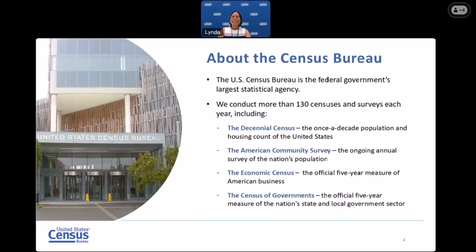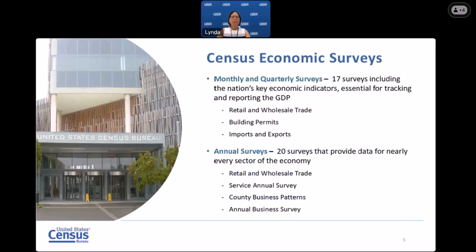And like the economic census, it is measured every 5 years in the years ending in 2 and 7. And this slide lists examples of a few of our widely used monthly, quarterly, and annual economic surveys and programs. Monthly surveys are a part of the economic indicators that are included in reporting the GDP. And annual surveys include nearly every sector of the economy.